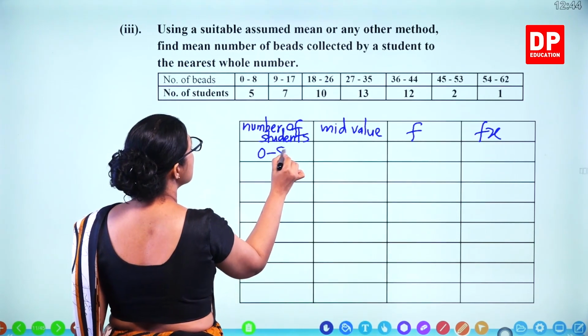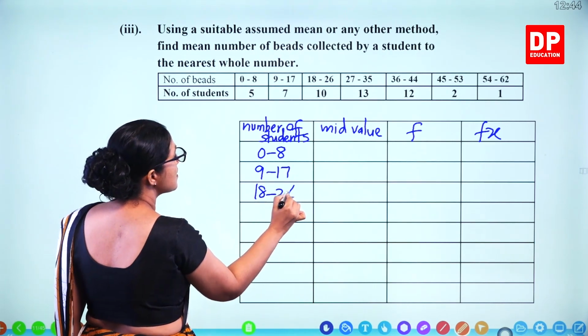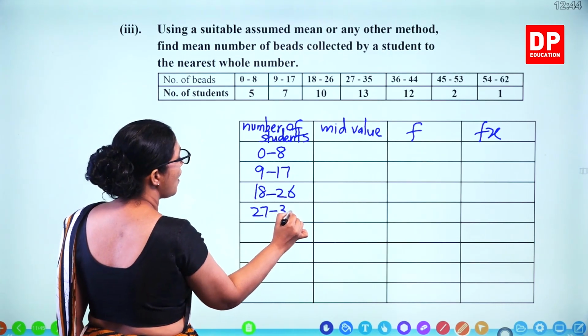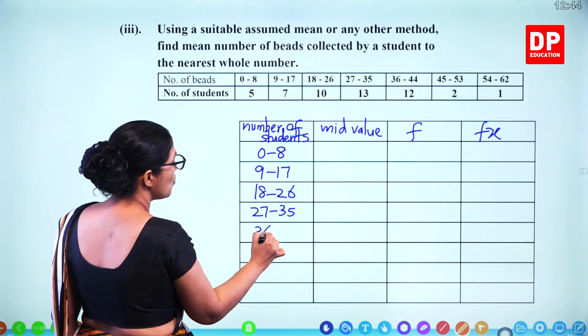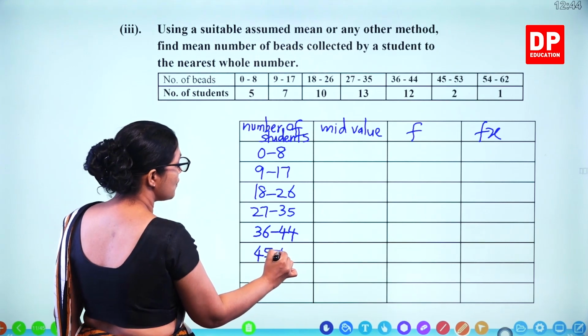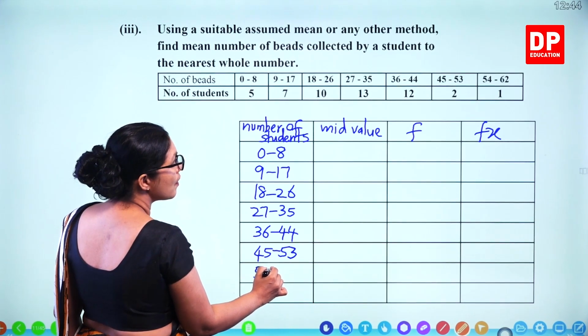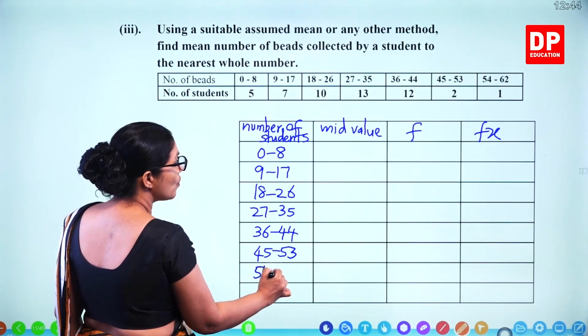The classes are 0 to 8, 9 to 17, 18 to 26, 27 to 35, 36 to 44, 45 to 53, 54 to 62.